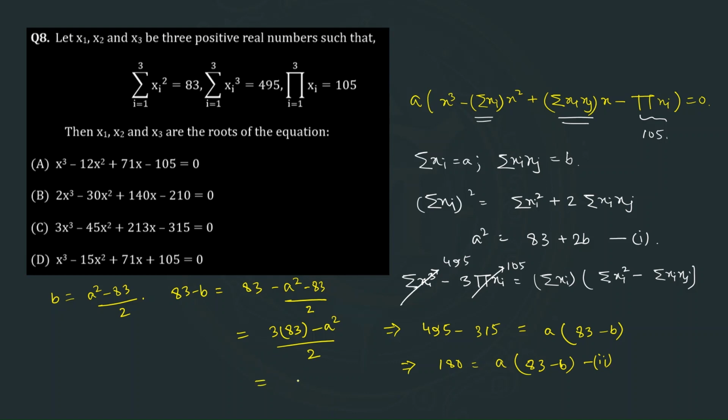So this will be 249 minus a square divided by 2, times a, equal to 180.